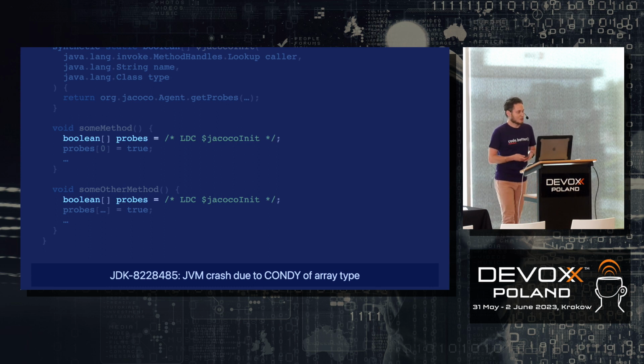We implemented this, we tested, and immediately we encountered another JVM crash, because for some reason, while implementing this feature in the JVM, nobody tested the case when the type of a constant dynamic is an array. They tested everything, integer, string, double, float, etc., but not an array.